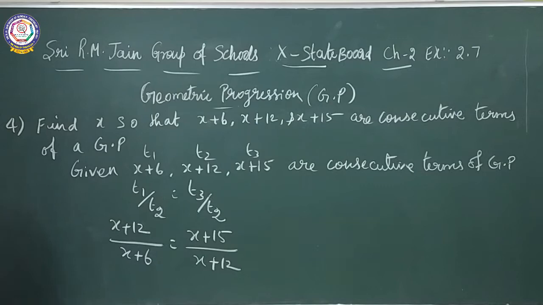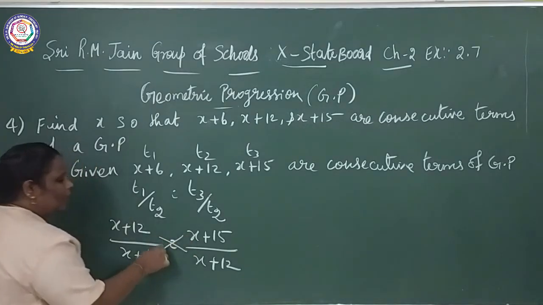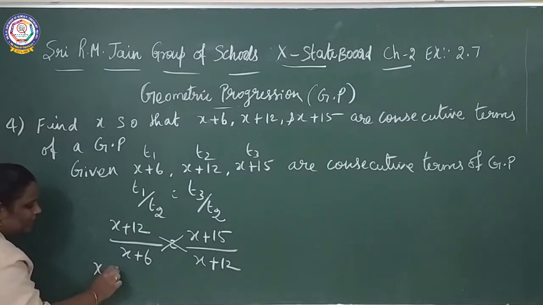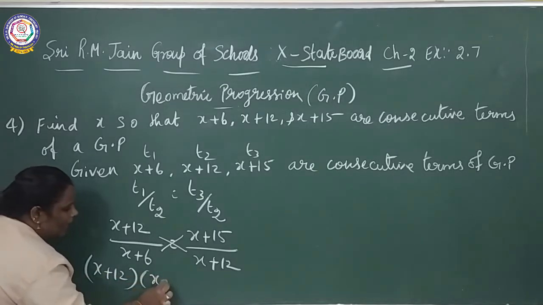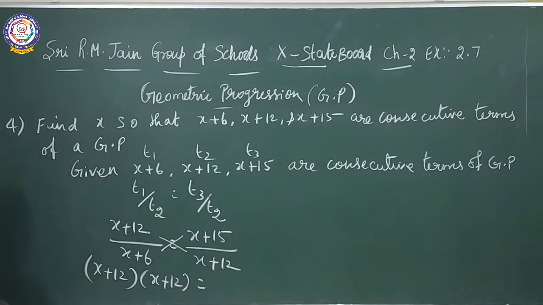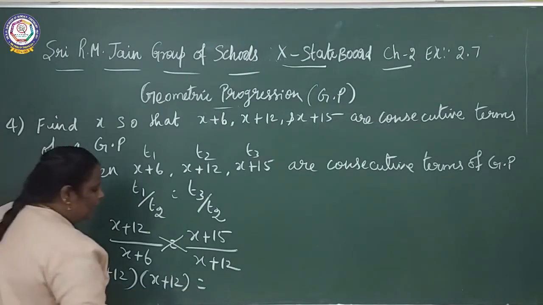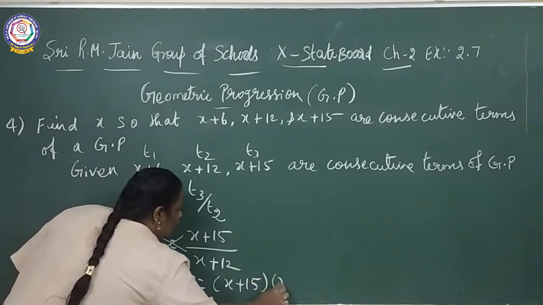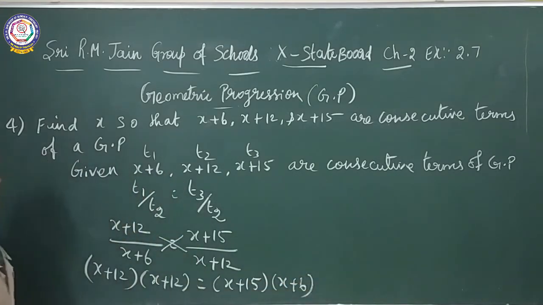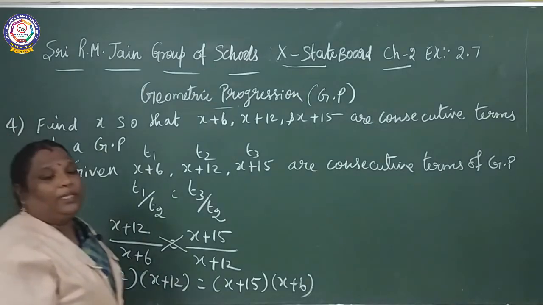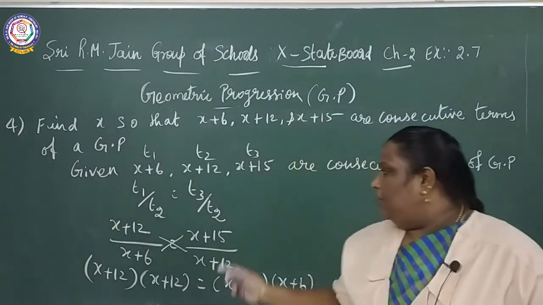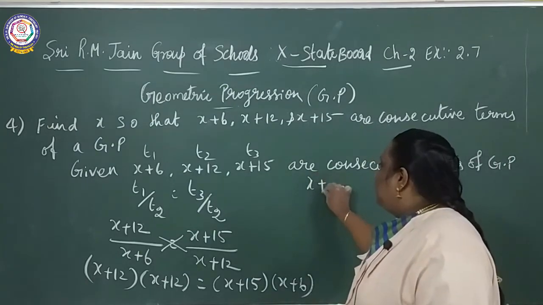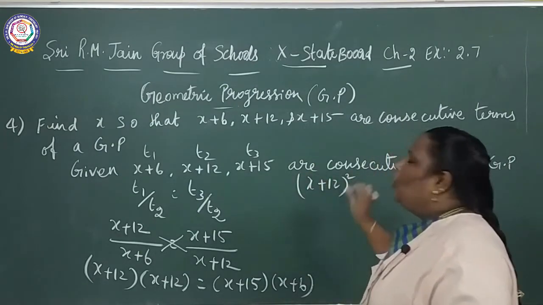Now do the cross multiplication. x plus 12 into x plus 12 equal to x plus 15 into x plus 6. Now multiply the terms. x plus 12 into x plus 12 is x plus 12 the whole square.